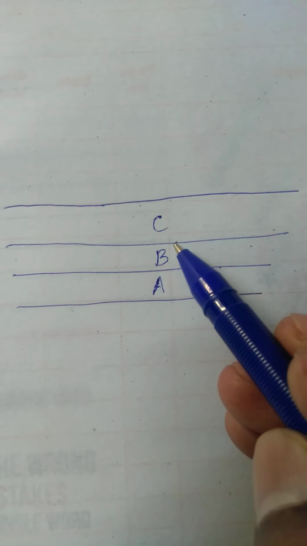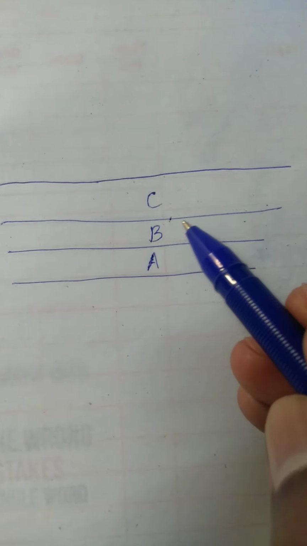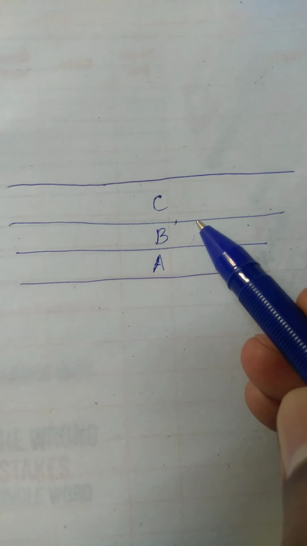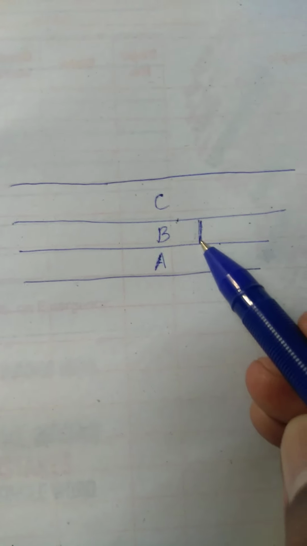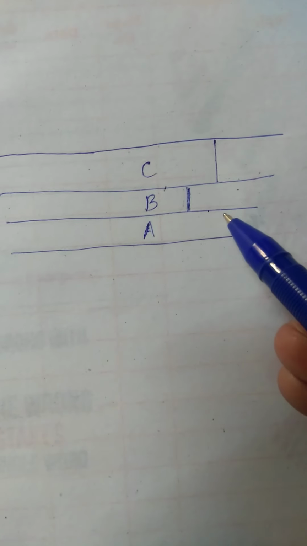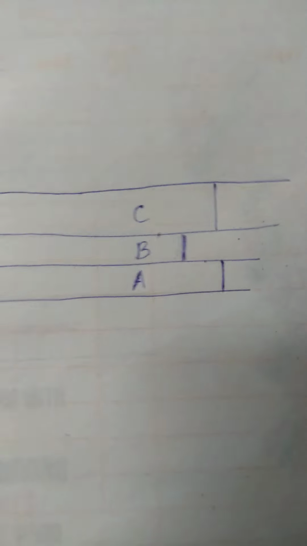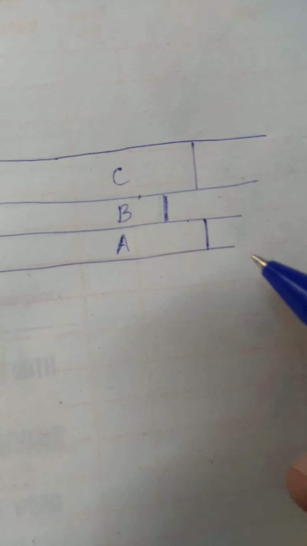So this is the thickness of the bed, each bed. From here to here is the thickness of a bed, and for the next bed, this is the thickness. Like this, we can measure the true thickness of the bed.